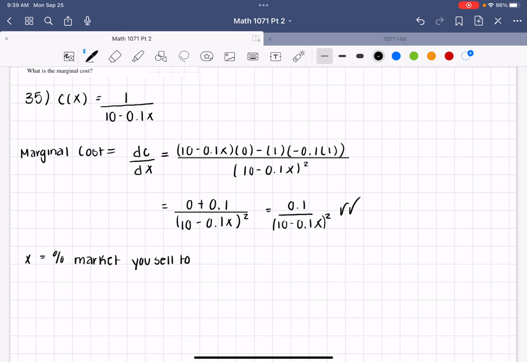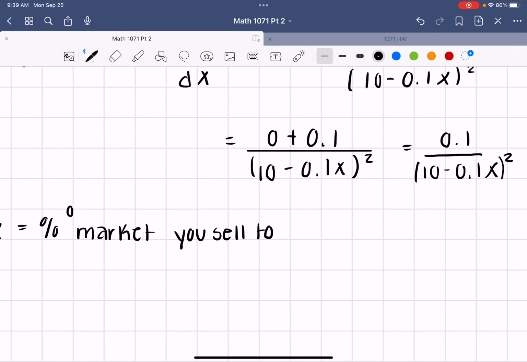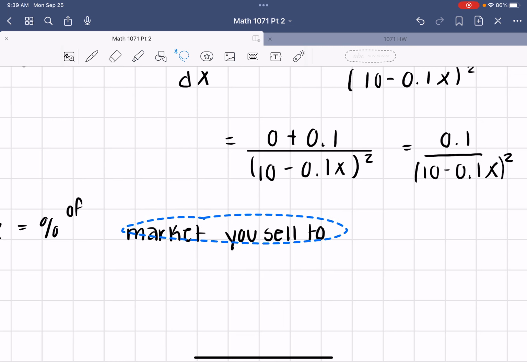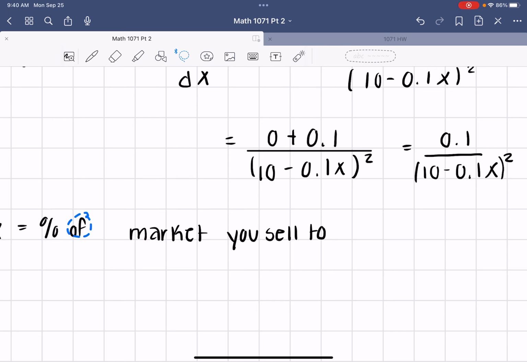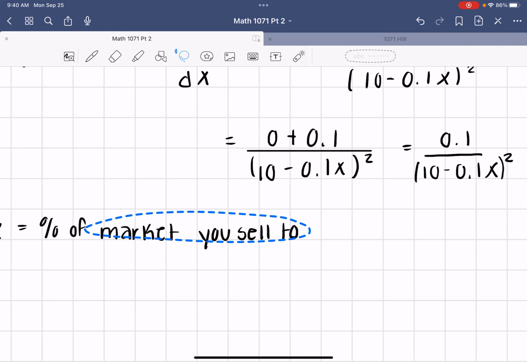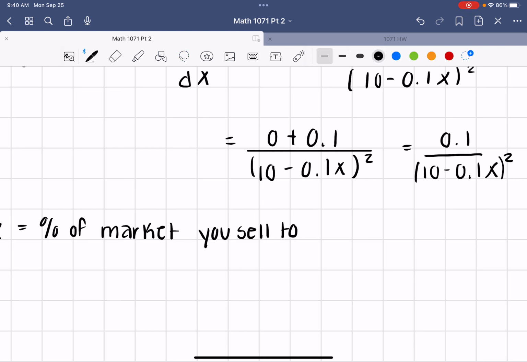So your impression would be, you would like to capture as much of the market as you can. But there's a limit to that. Trying to capture too much of the market would drive your costs sometimes too high.